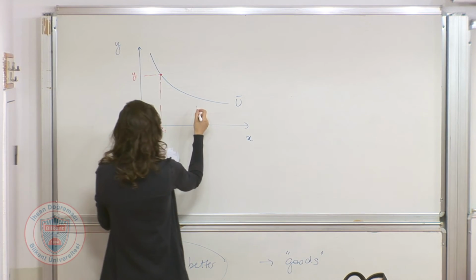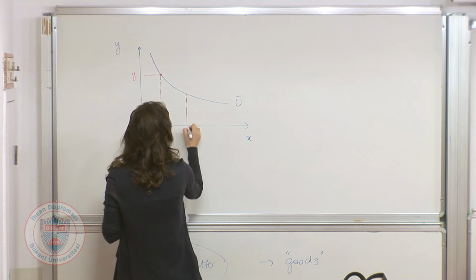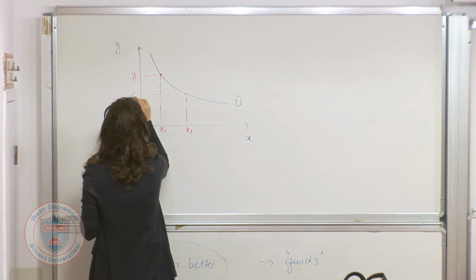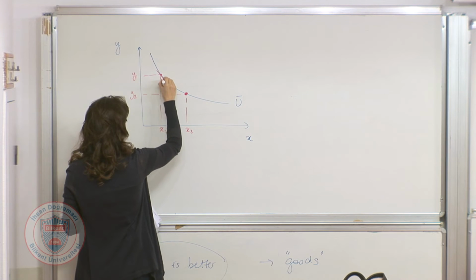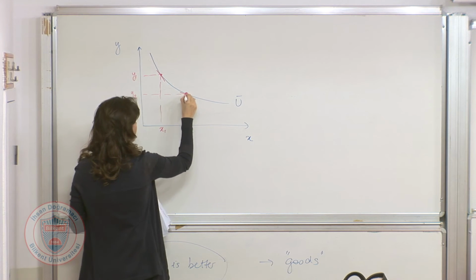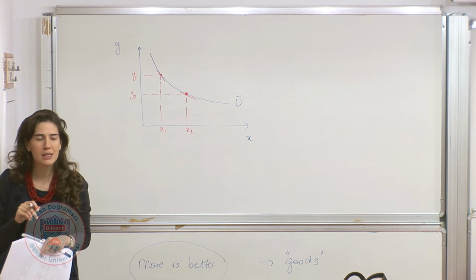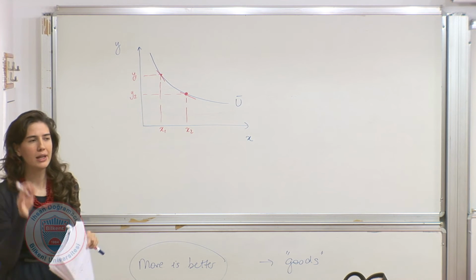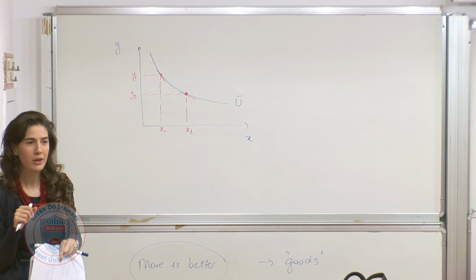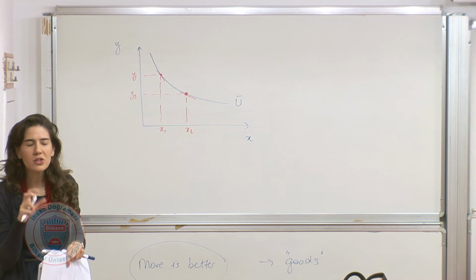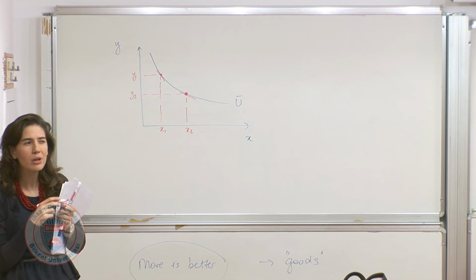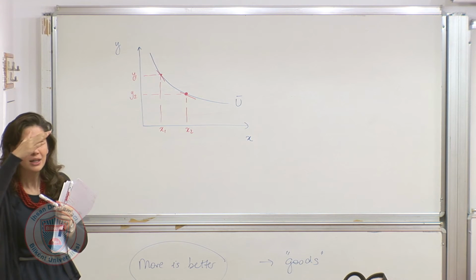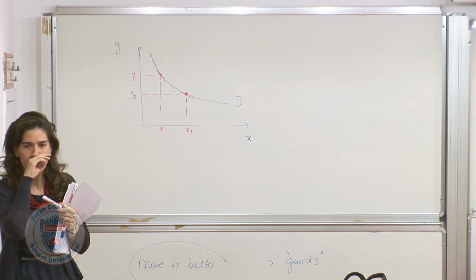And here I have x2 and y2. So slope at this point and slope at this point, what would you say? First, is it positive or negative slope? It's negative. What do you think if you need to explain it to your grandma? What does it correspond to? The fact that slope is negative, what does it say?